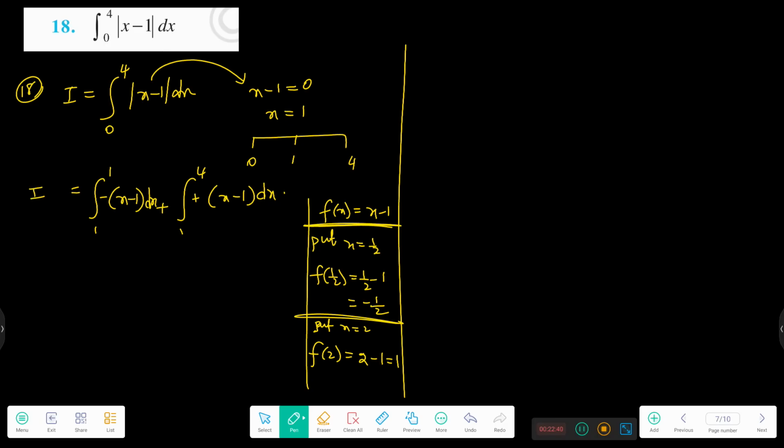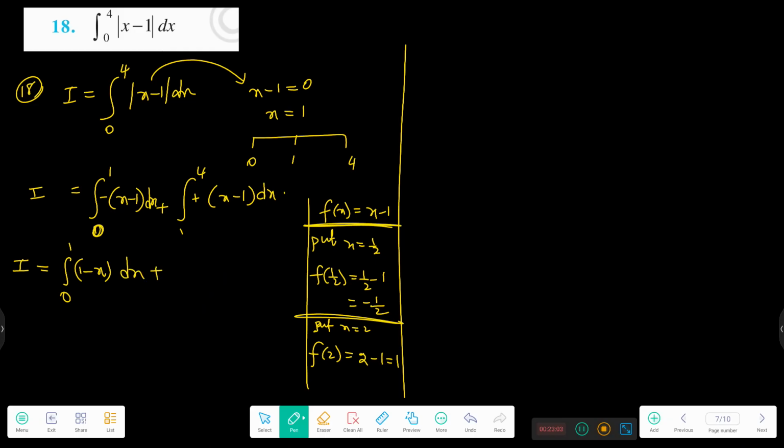So the question became like this: I is equal to, with limits 0 to 1, minus of x minus 1, and when you multiply inside, what am I getting? Plus 1 minus x into dx, plus the integral from 1 to 4.